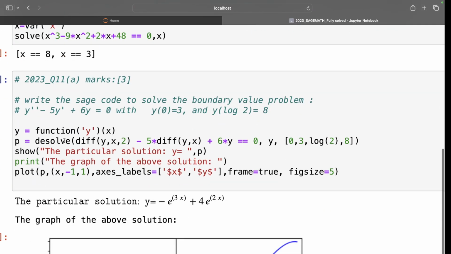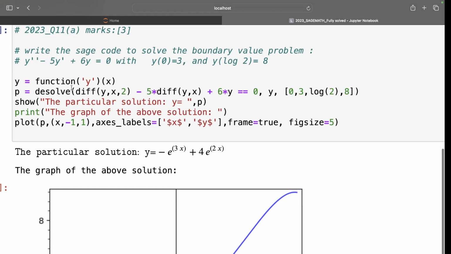Question 11a. Write the Sage code to solve the boundary value problem y double dash minus 5y dash plus 6y equal to 0 with boundary conditions y0 equal to 3 and y of log 2 equal to 8. Here y equal to function y of x.